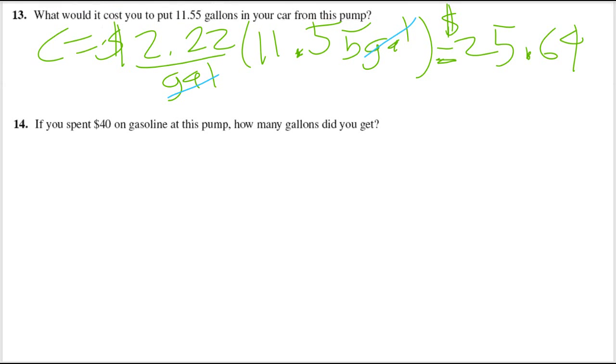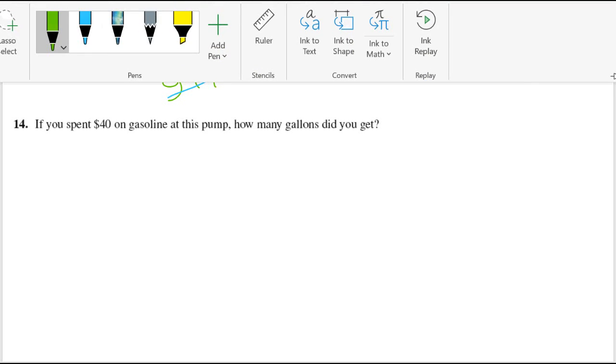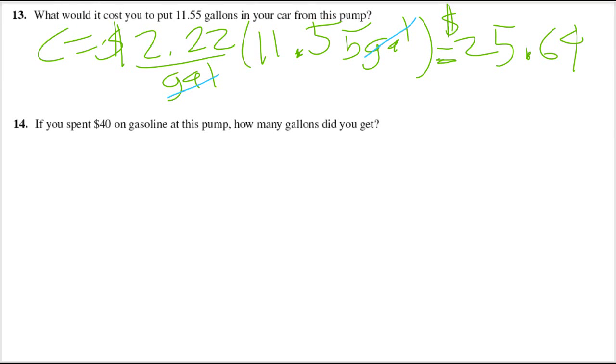And the gallons cancel out as before. Okay. So if you spent $40 on gasoline at this pump, how many gallons did you get? Restart the video once you figured that out.